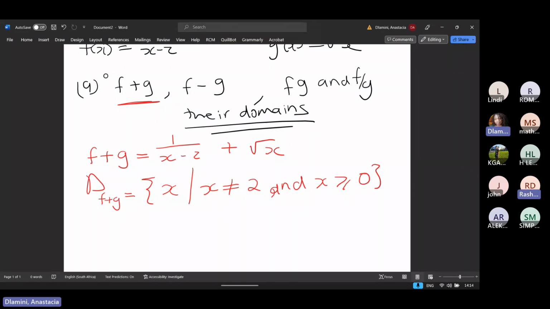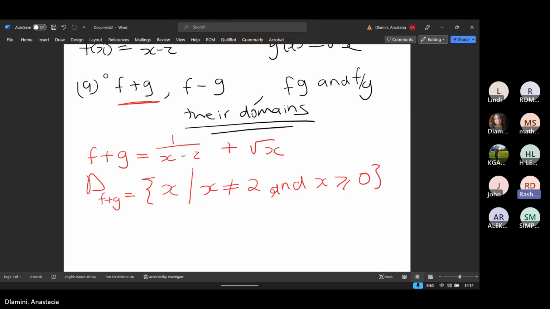How did we get there? When we combine two domains, I think you take the domain of f and the domain of g. How did you combine them? Union, intersection?